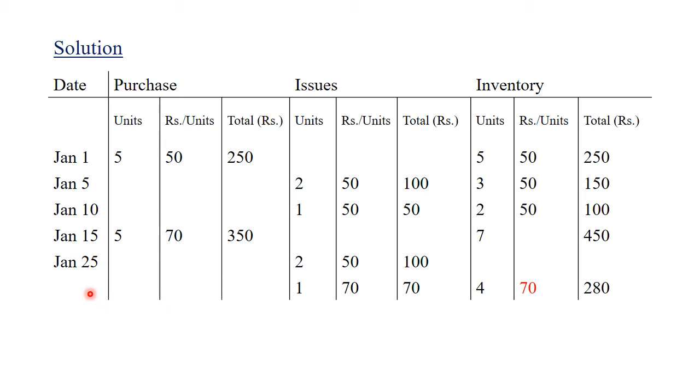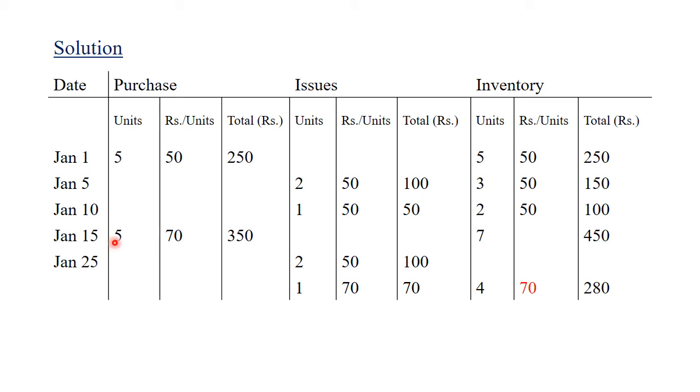The next transaction is on when? 25th. So on 25th we have a transaction which says that 3 bikes are sold away or issued off. So for that, as we have taken this method as first in first out, whatever we have purchased first, we have to give away first. So first we have an inventory already of two bikes left with rupees 50 each.